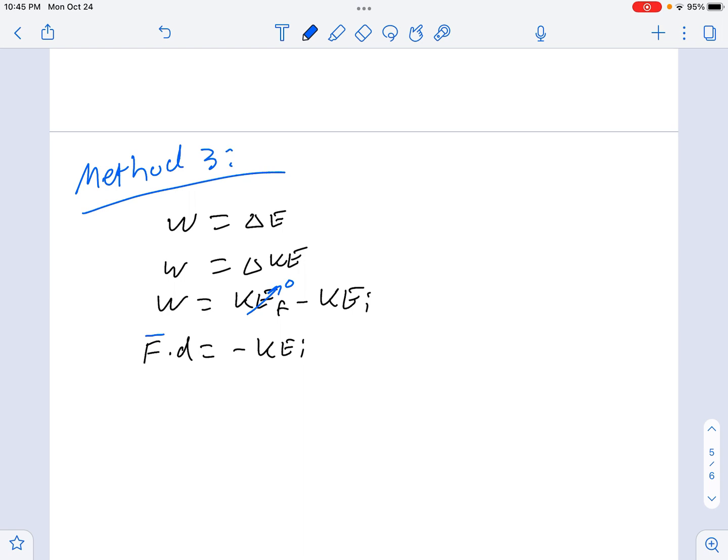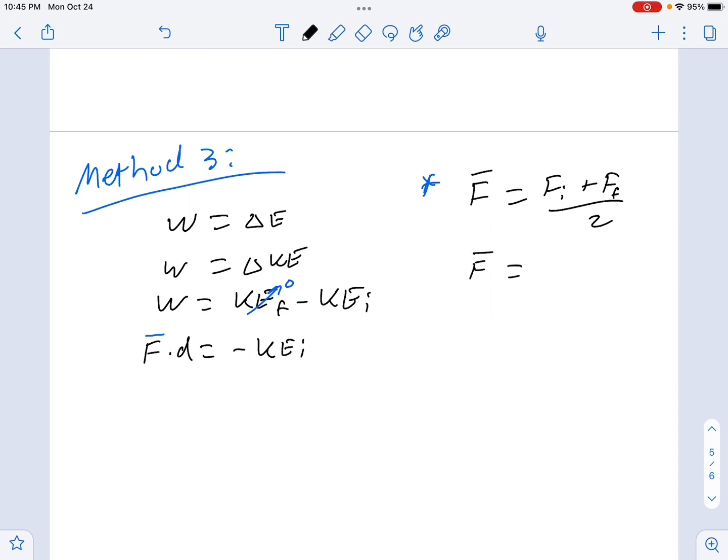Because of that fact, I'm going to put this over on the side. Average force is really just the initial force plus the final force divided by 2. It's really just the arithmetic mean between the two. And again, we can get away with this because the force is linearly proportional to the velocity. The thing is slowing down as it moves through the block of wood, so we can use this here, which is actually really, really cool.